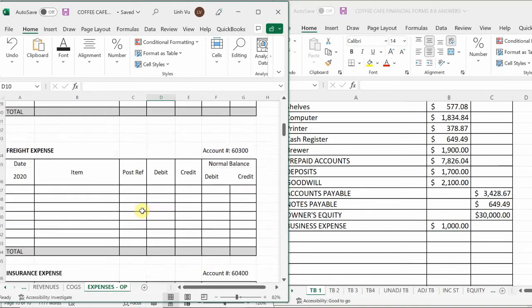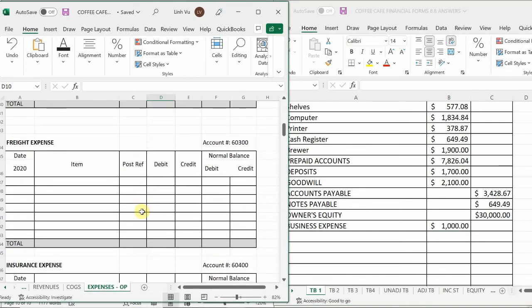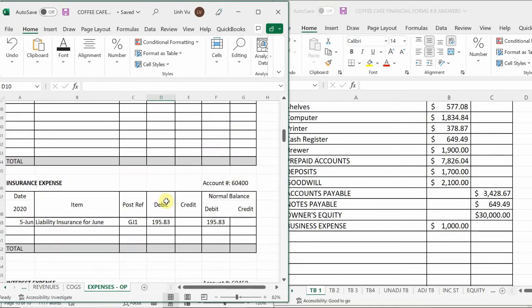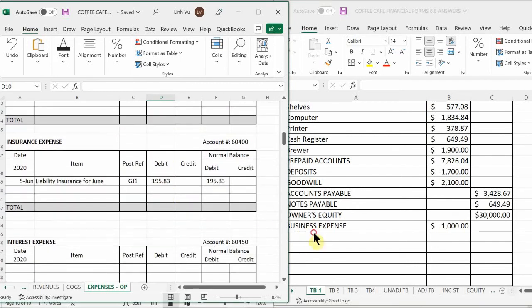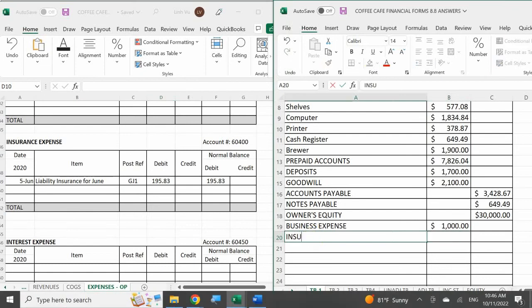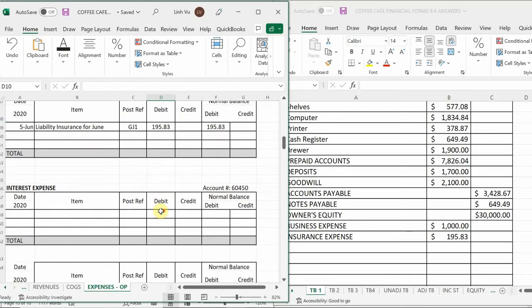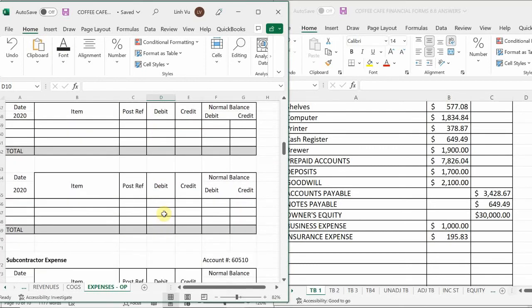Okay. Have we incurred any freight expense? No. How about insurance expense? Yes. Okay, for how much? $195.83. Okay. All right. This one is interest expense. Okay, this one right here is supposed to be labor expense.